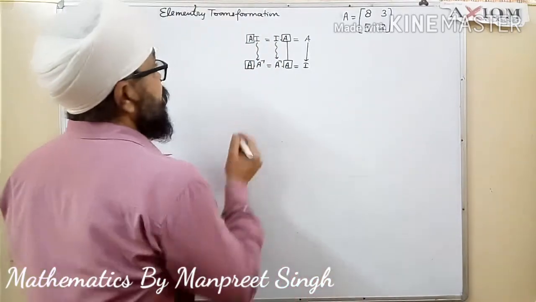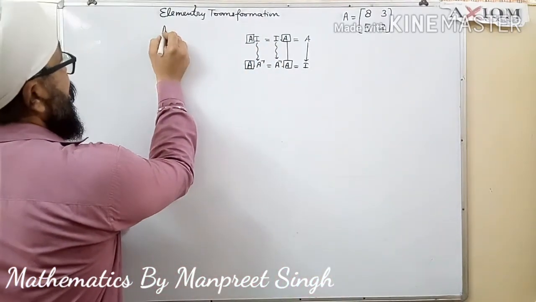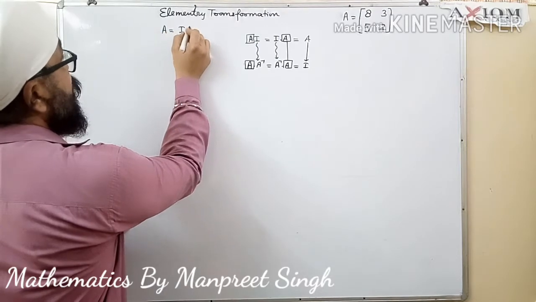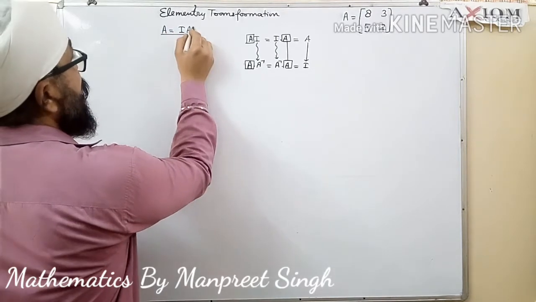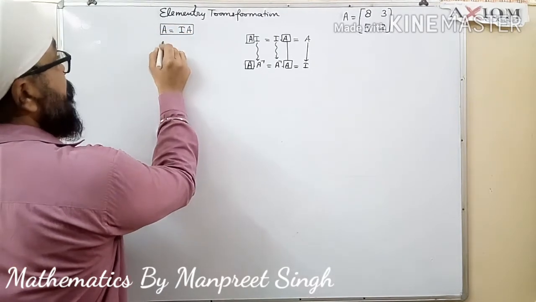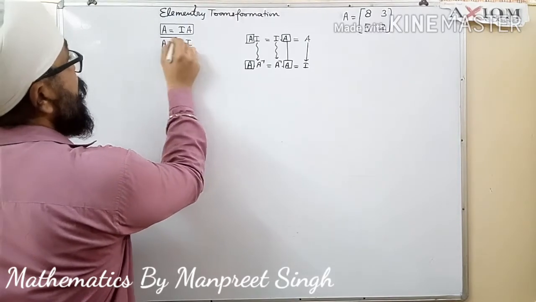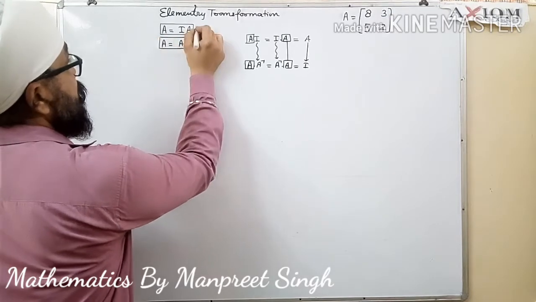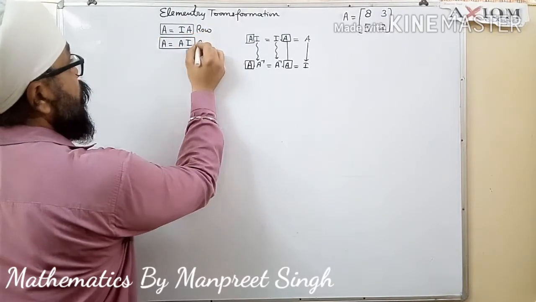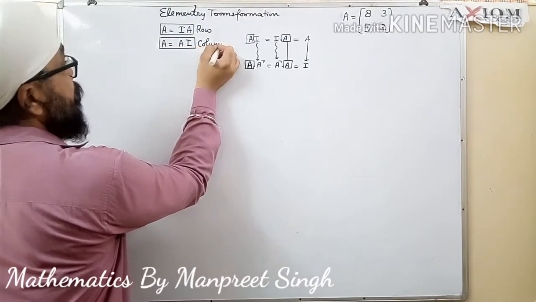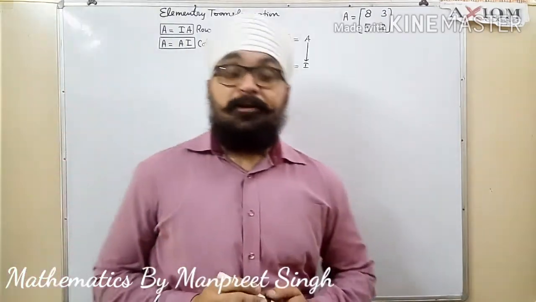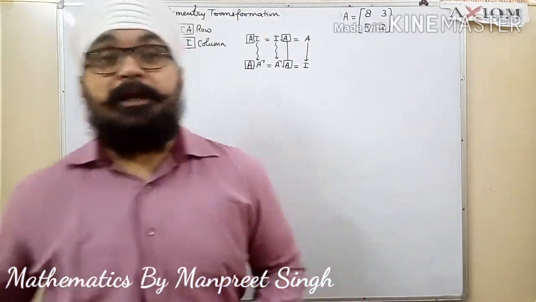A is equal to I into A will be used for row transformation, and A is equal to A into I will be used for column transformation. I'll write here, for row and for column. Clear? This we have to keep in mind.